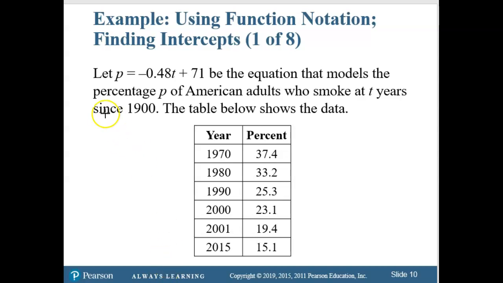Okay, since the years are since 1900, you will want to make sure that you have a column T for time, and in that you have 70, 80, 90, 100, and so on in your L1 list.